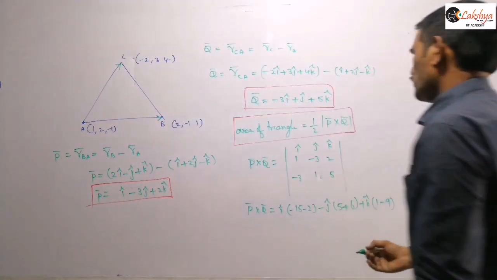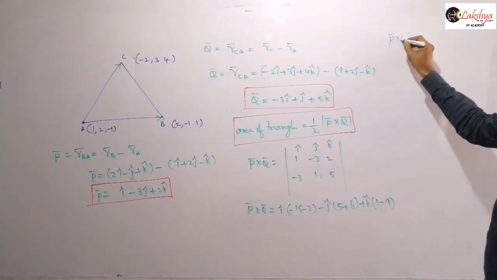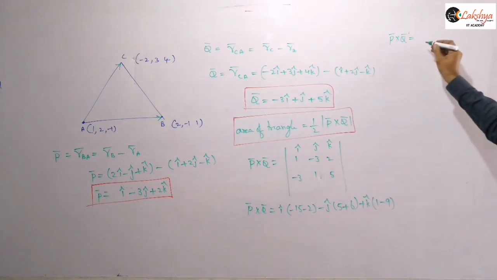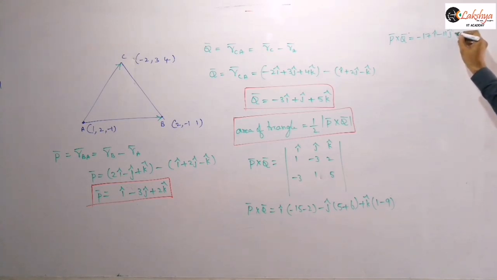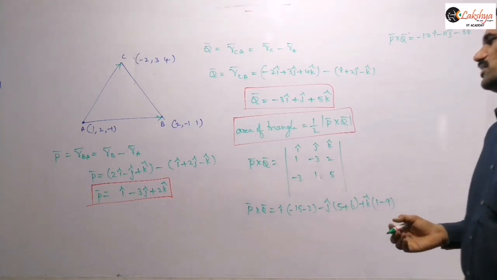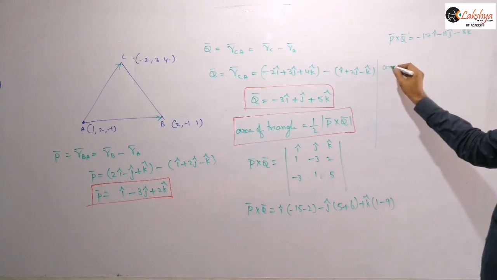And so now further you can write this as p bar cross q bar is equal to -17i cap - 11j cap - 8k cap. So find the magnitude of this and find the area of this triangle, half of that magnitude.